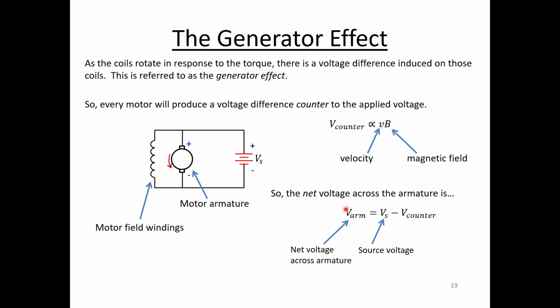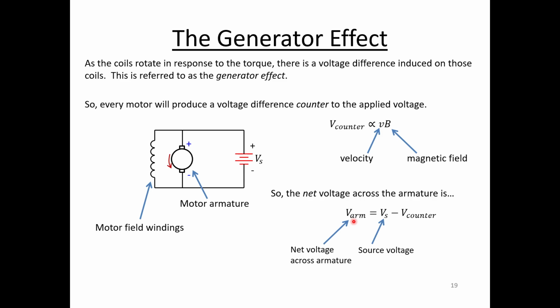And that net voltage, V sub armature, is what determines how much current is actually flowing through the armature of the motor, and that in turn is related to the amount of Lorentz force that it feels, and thus how much torque it's going to develop at any particular time.